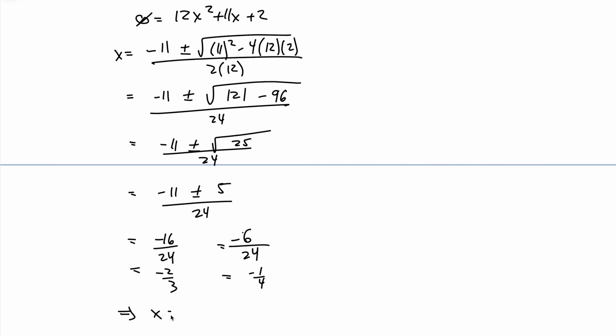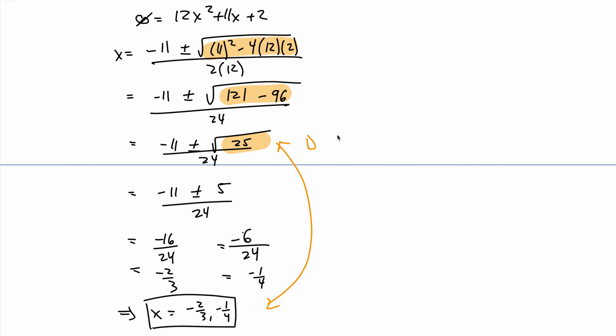So our solutions, our x values, would be negative 2/3 and negative 1/4. Same thought process as last time: we look at the discriminant. We saw it was positive 25. That immediately told us that we would have 2 real solutions, and we did have 2 real solutions. So D greater than 0, therefore 2 real solutions.